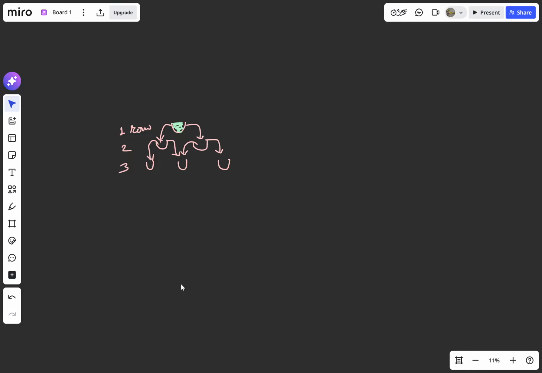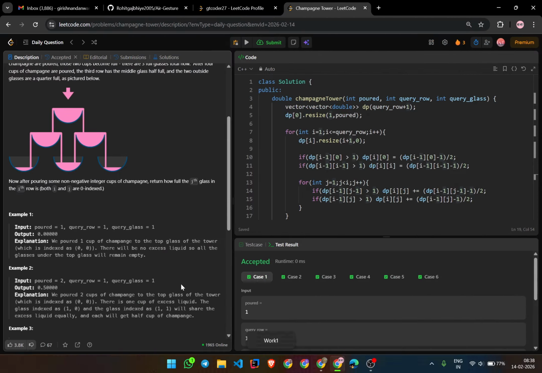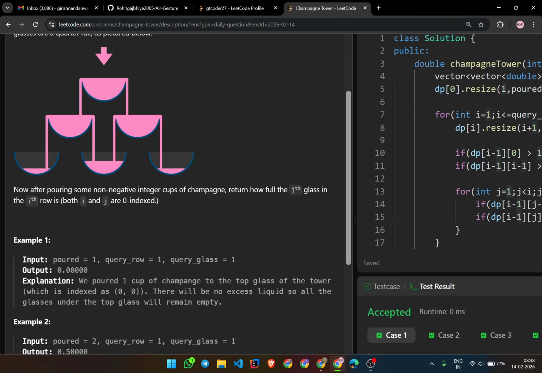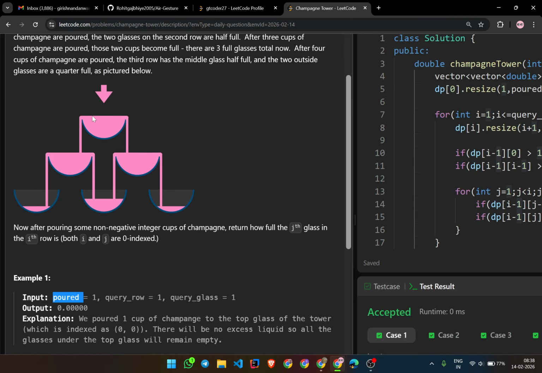So how will we approach this question? Firstly, it is given that all the champagne is poured into the uppermost glass, here only.